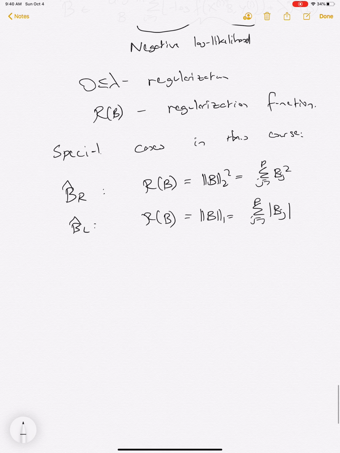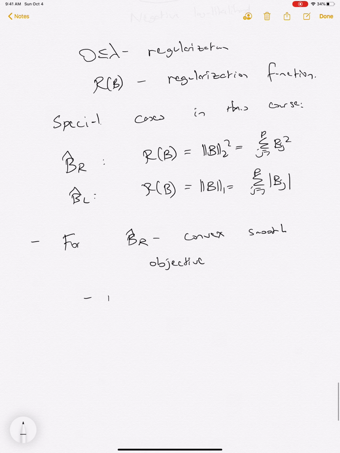Okay, and then in terms of algorithms, for beta hat R, this is a convex, smooth objective.